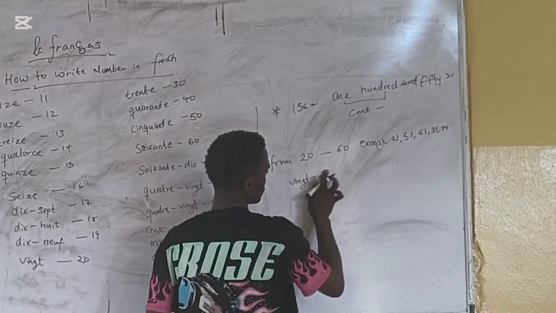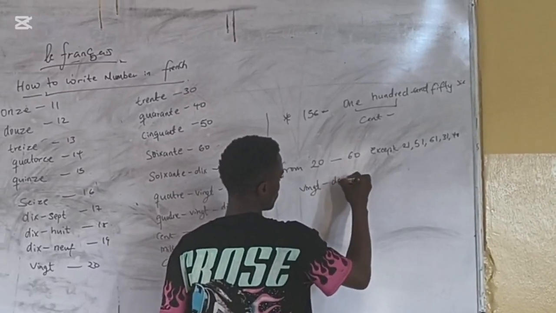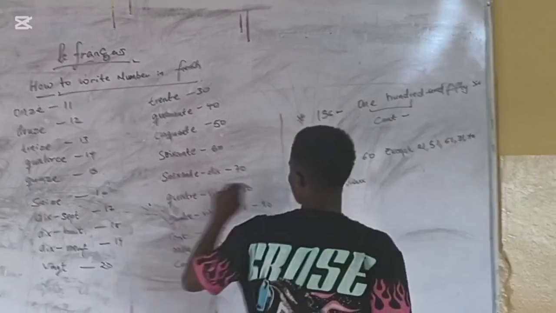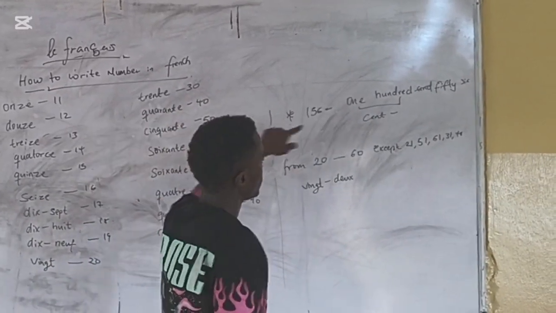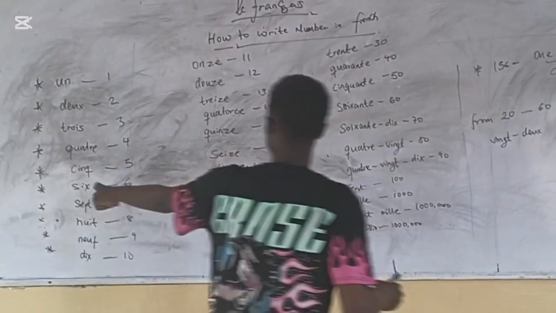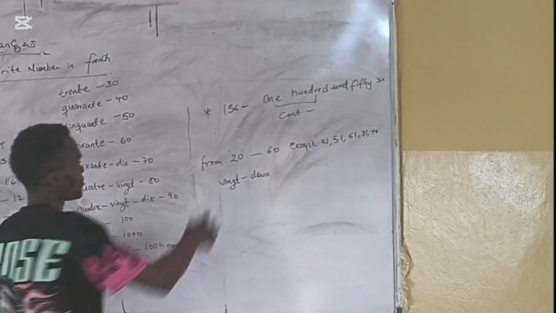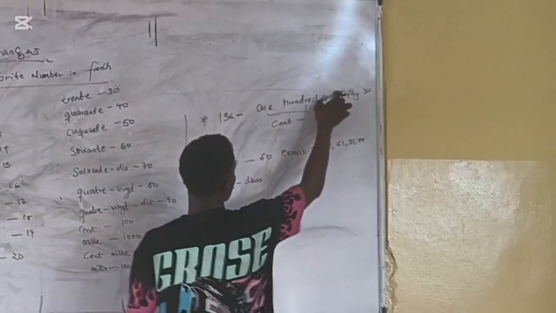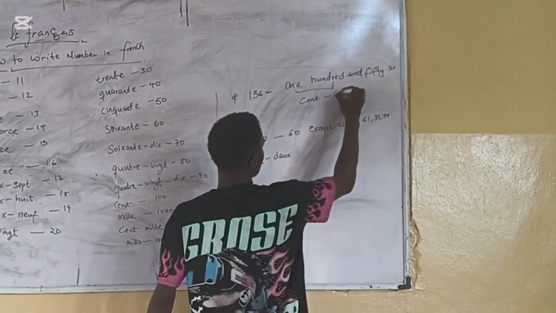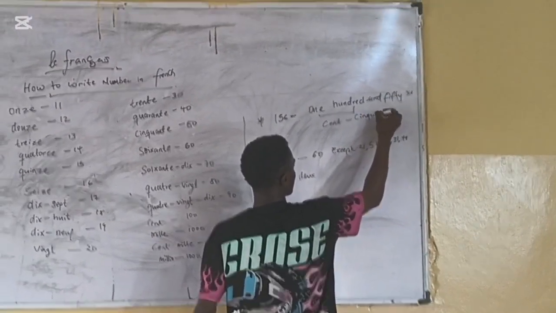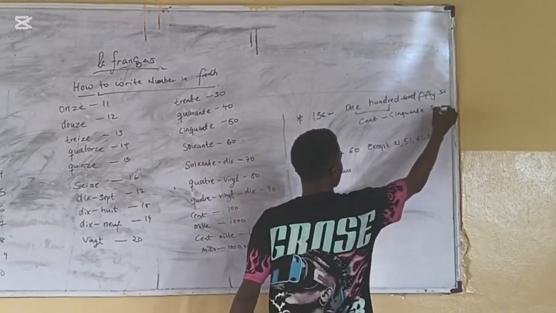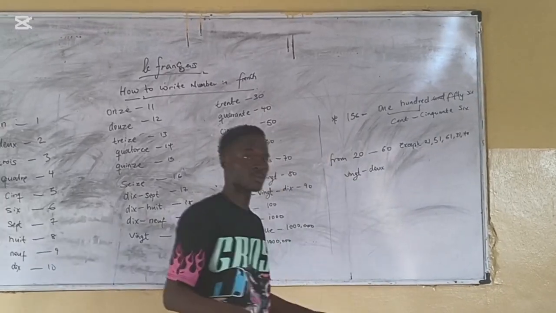Let's say 22. So when you're writing the 50, to add the 6, you put the 6 here. So if it is 100, you don't write the count, it will be cent cinquante-six. Hope you guys understand what I'm trying to say.